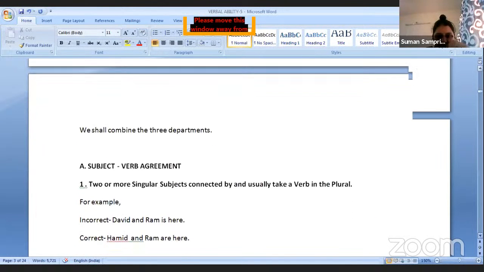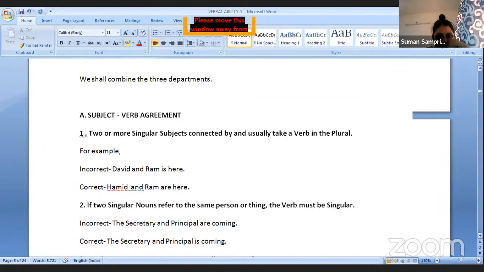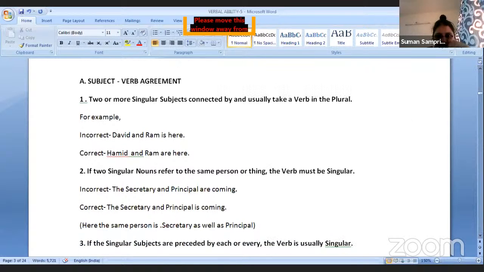So now here your rules started. We have first subject verb agreement. Very basic things are there, like two or more singular subjects connected by and usually take a verb in the plural.